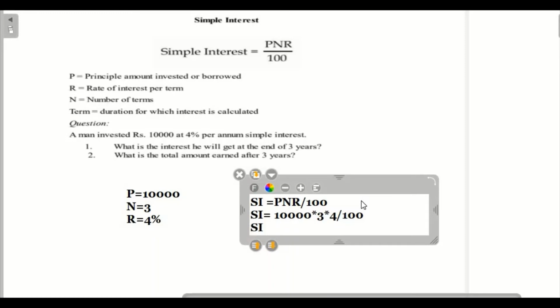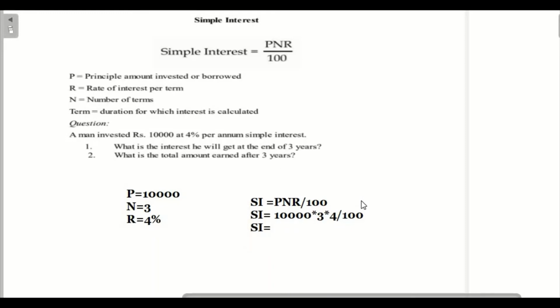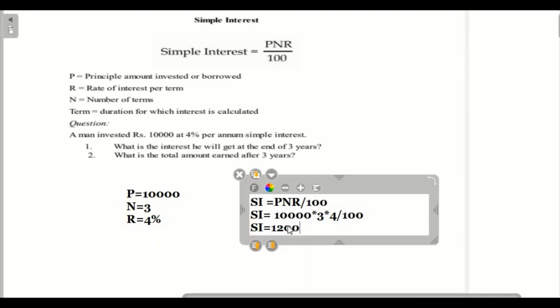So the SI value equal to 1200. So we have to divide it and find the answer, that is 1200. So we have to know the amount he gets.